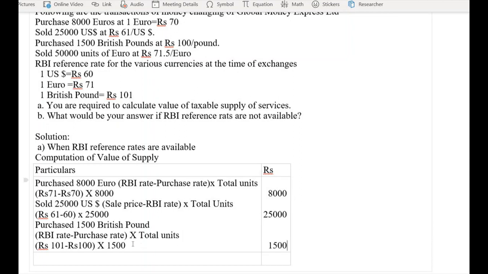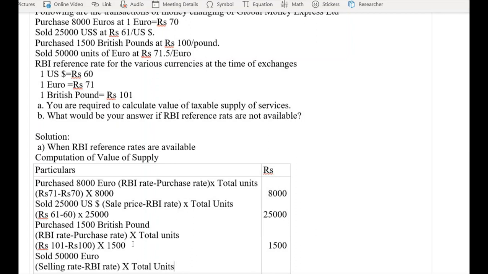1,500. Then the next one here, sold 50,000 euros. So selling price here it is given as 71.5, whereas the RBI reference rate is 71 here. So selling rate minus RBI rate multiplied by total units.